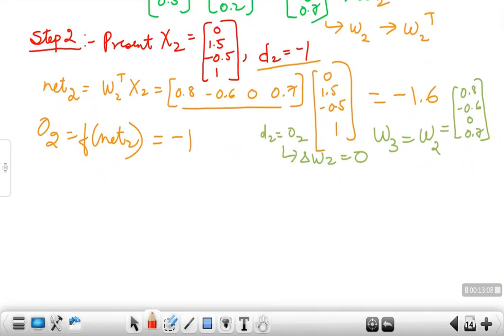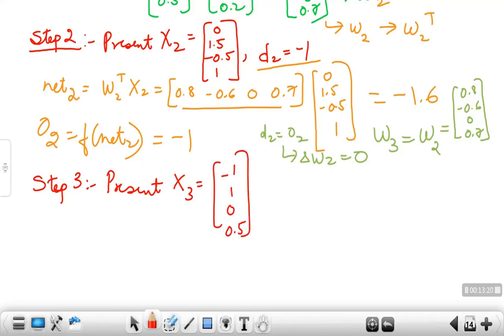So we get the same weight vector, and W3 is same as W2: 0.8, minus 0.6, 0 and 0.7. Is that clear? So here we get a step wherein there is no weight update taking place at step 2. So we move on to step 3.